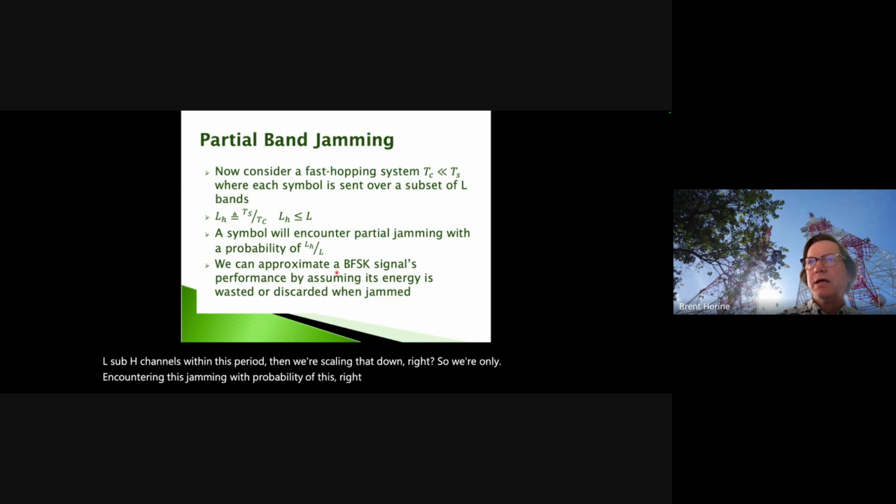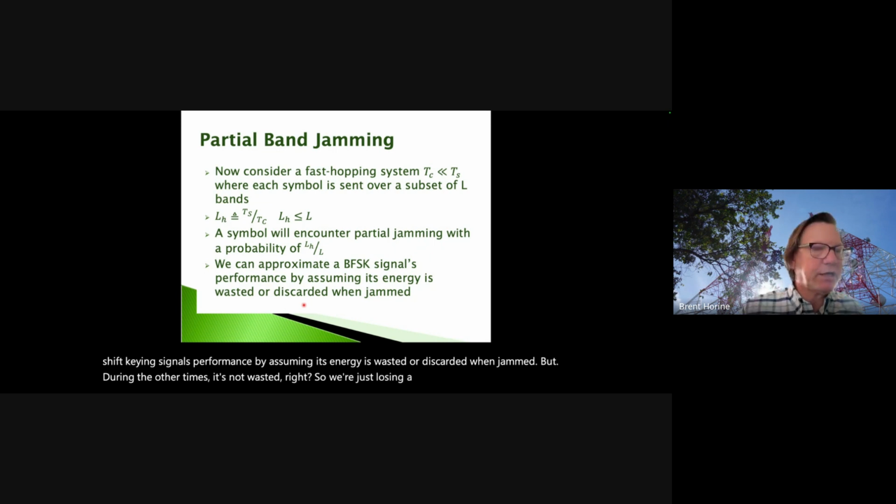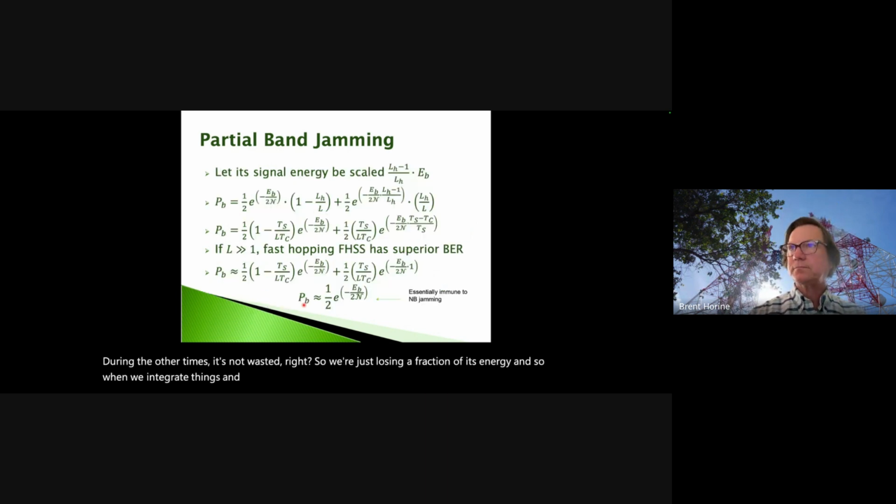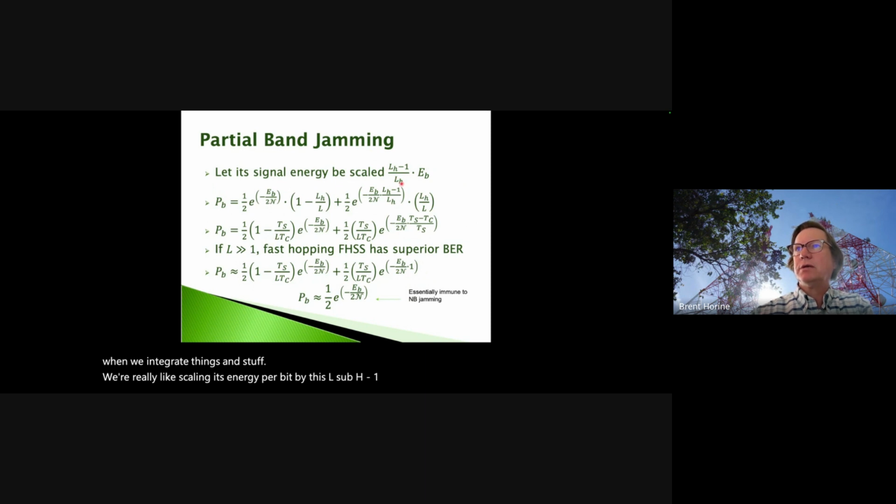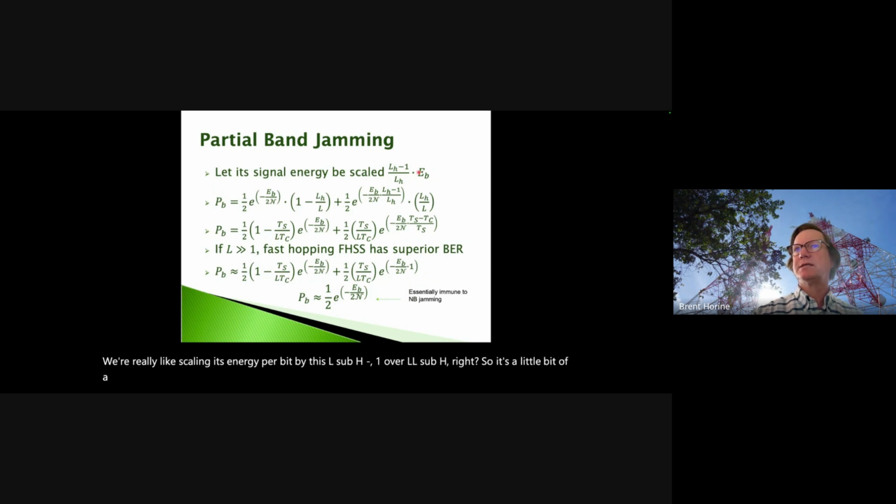We can approximate a binary frequency shift keying signal's performance by assuming its energy is wasted or discarded when jammed, but during the other times it's not wasted. So we're just losing a fraction of its energy. When we integrate, we're scaling its energy per bit by L_H minus 1 over L_H.